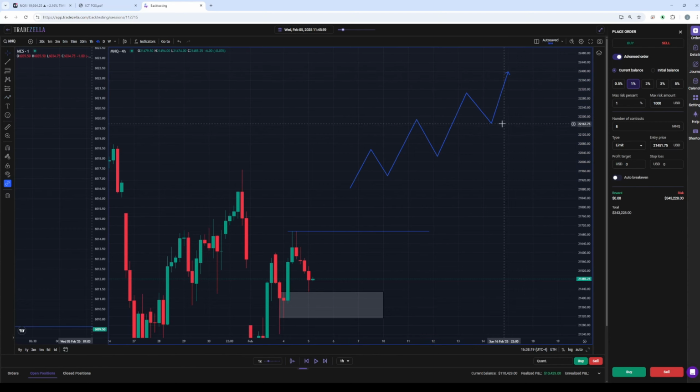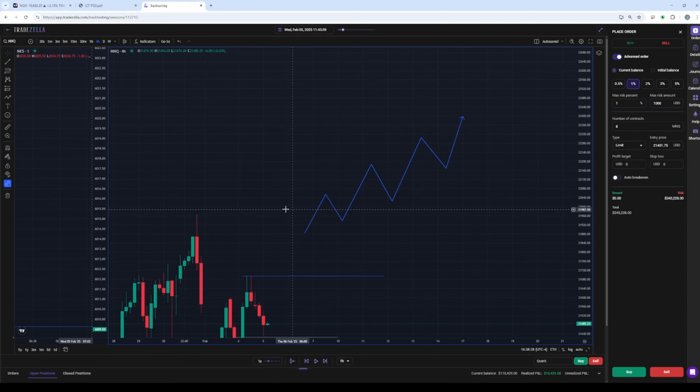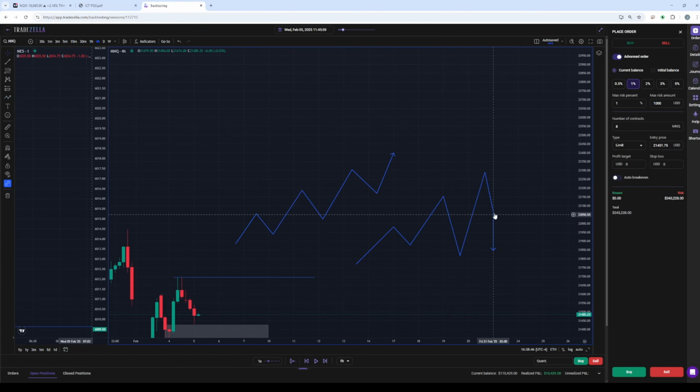Now, the difference between how ICT concepts see the market versus how normal people see it. This is what an average person sees the market as: just normal highs and lows getting created like this. ICT people see it more like this. If I just carry this on, that's what a normal person sees, and this is what it's actually like.